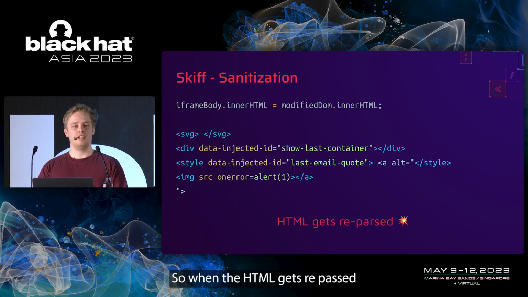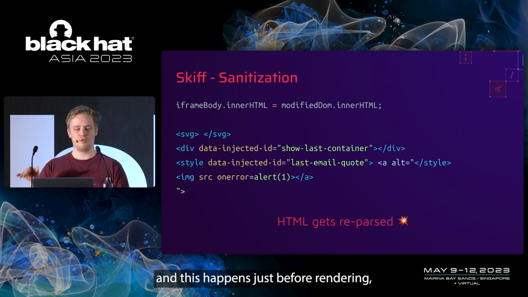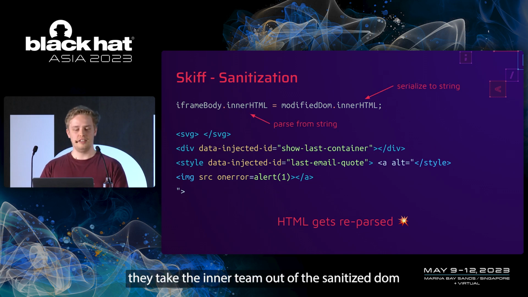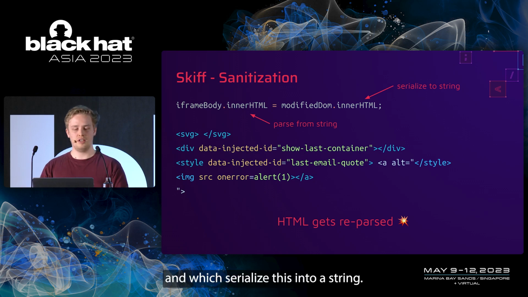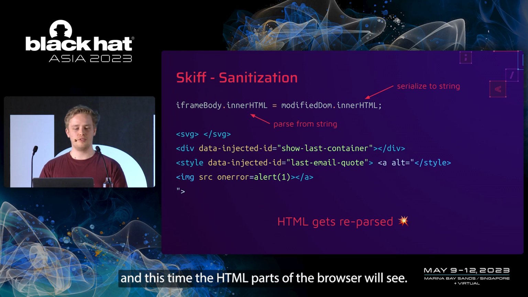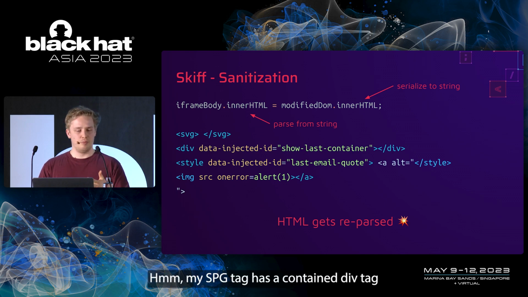So when the HTML gets reparsed, and this happens just before rendering, they take the inner HTML of the sanitized DOM, which serializes it to a string, and then they set it to some other element's inner HTML, which parses it again from a string. And this time, the HTML parser of the browser will see, my SVG tag has a contained div tag.